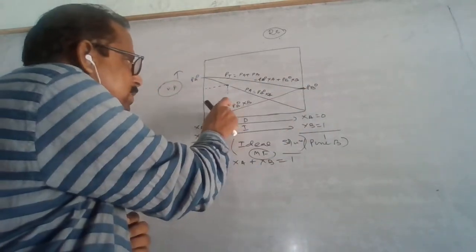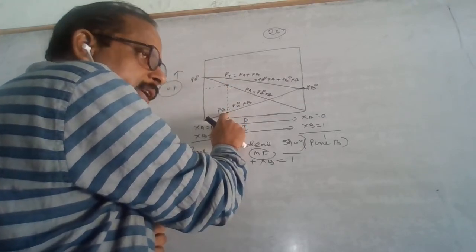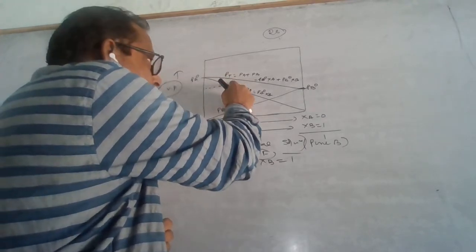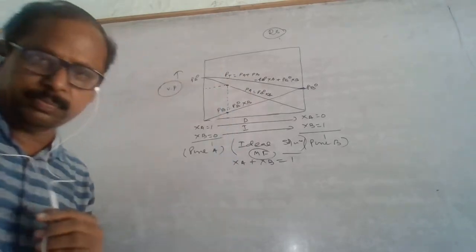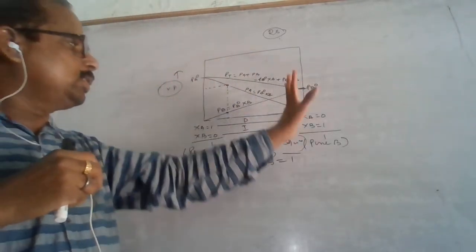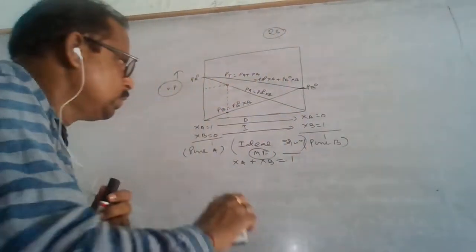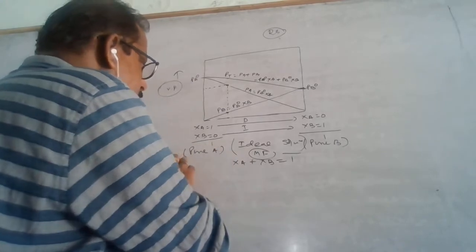Along this line is PB, the partial vapor pressure of B, because this is the vapor pressure of B in the presence of A. This is the vapor pressure of A in the presence of B. That's why these are partial vapor pressures. Okay, so this is the graph for the ideal solution. Slightly, I will erase it.